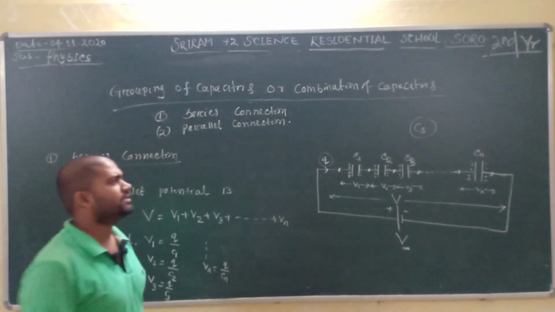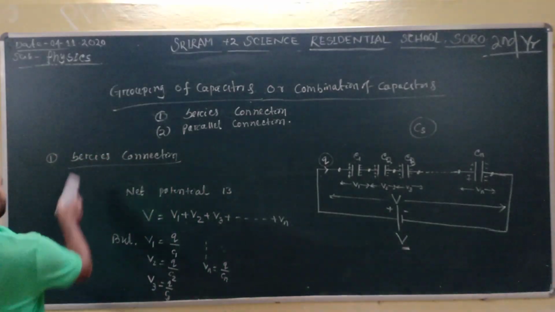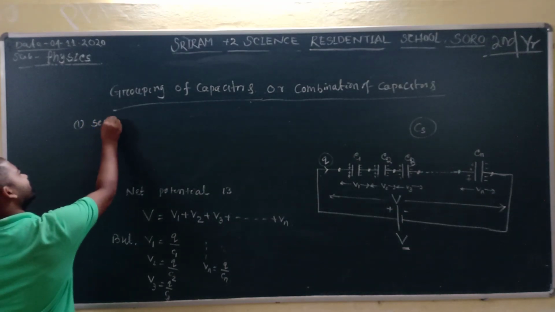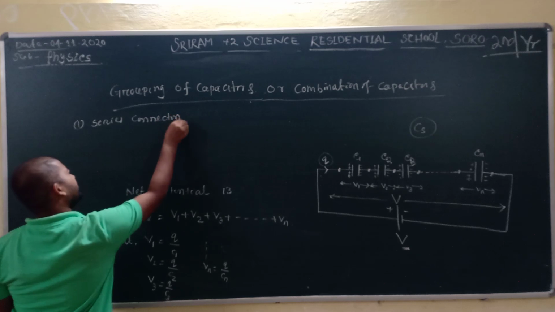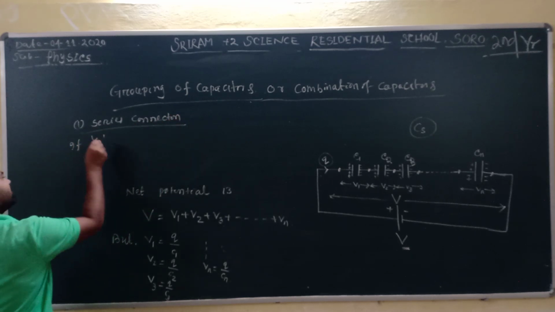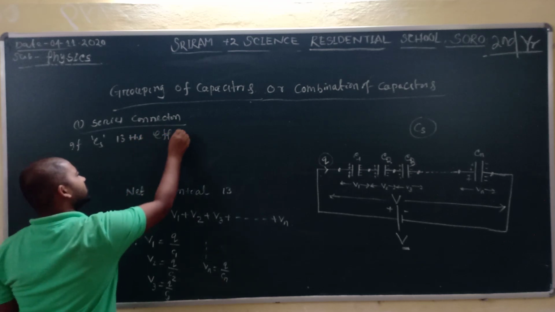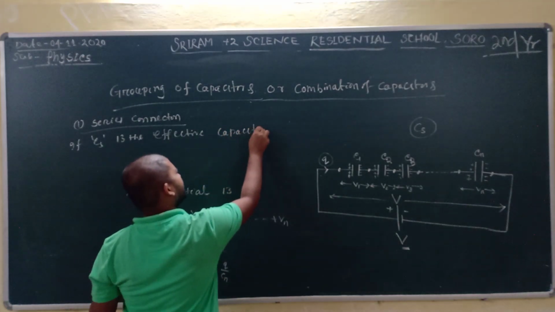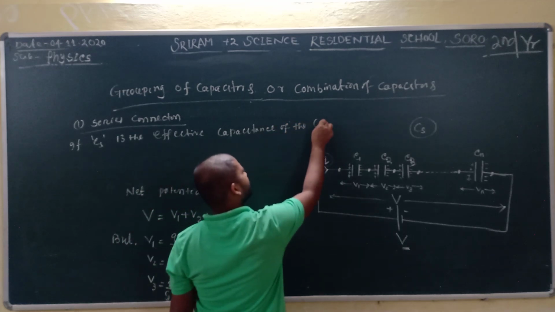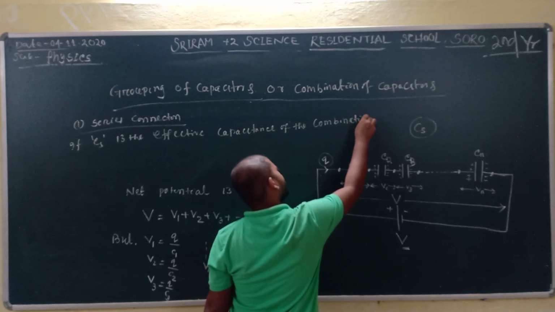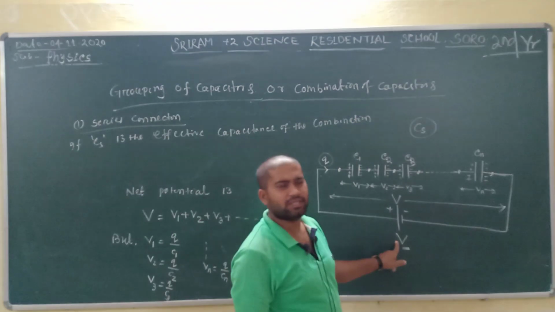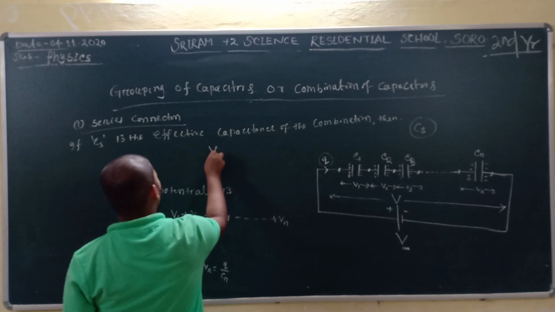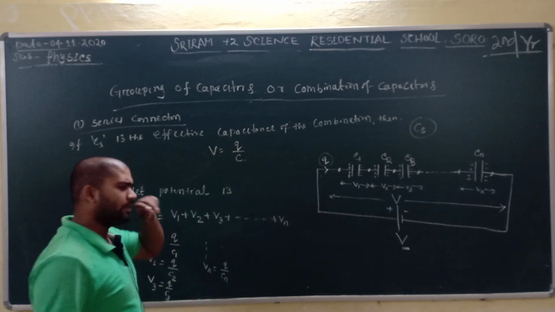If we measure the total capacitance for this combination as Cs, the effective capacitance, meaning the total capacitance of the combination, maintained by the potential difference V, then V equals Q divided by Cs.